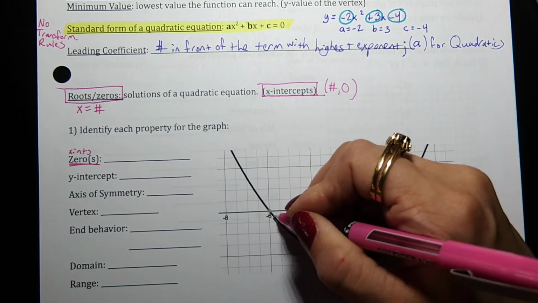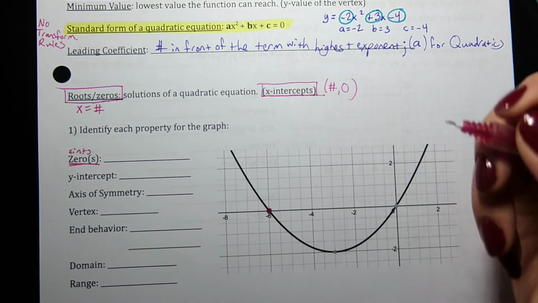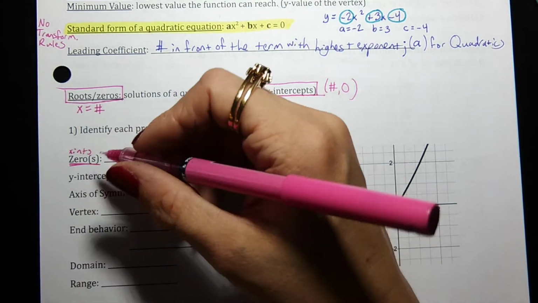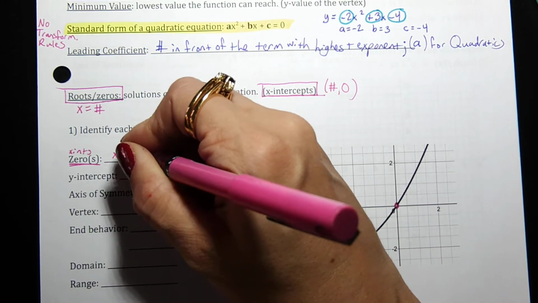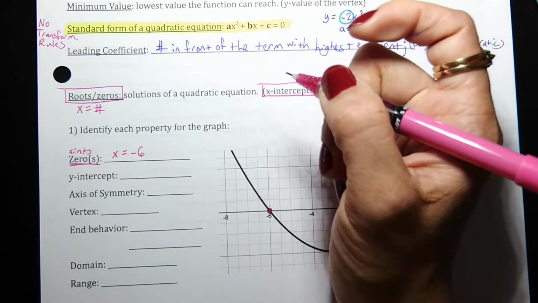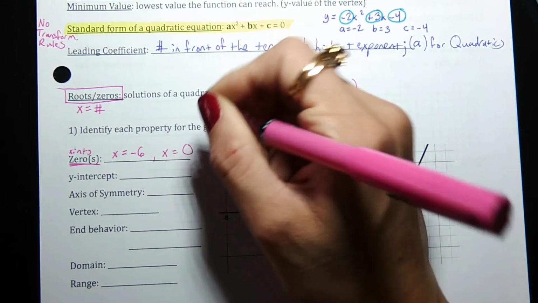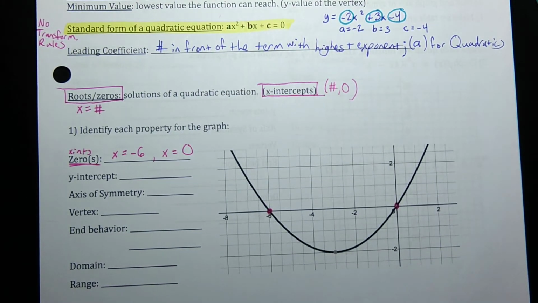It's hitting at -6 and at 0. So normally I would have you state these as coordinates, but since we're going to be solving for these in a variety of ways, it will be most consistent if we say x is equal to -6 and x is equal to 0, but that refers to the points on the x-axis.